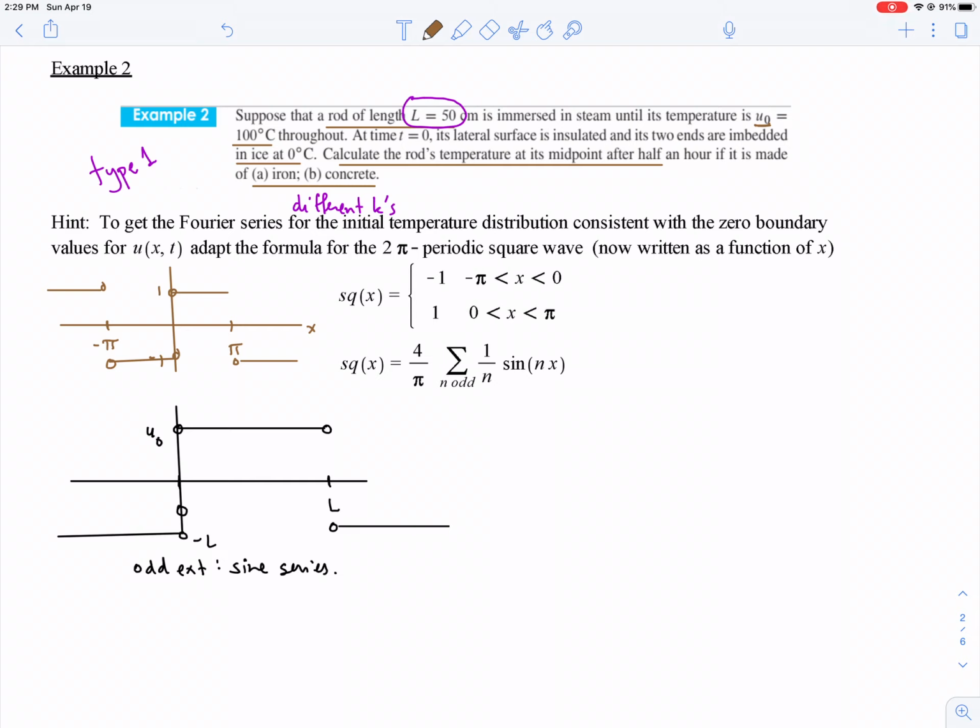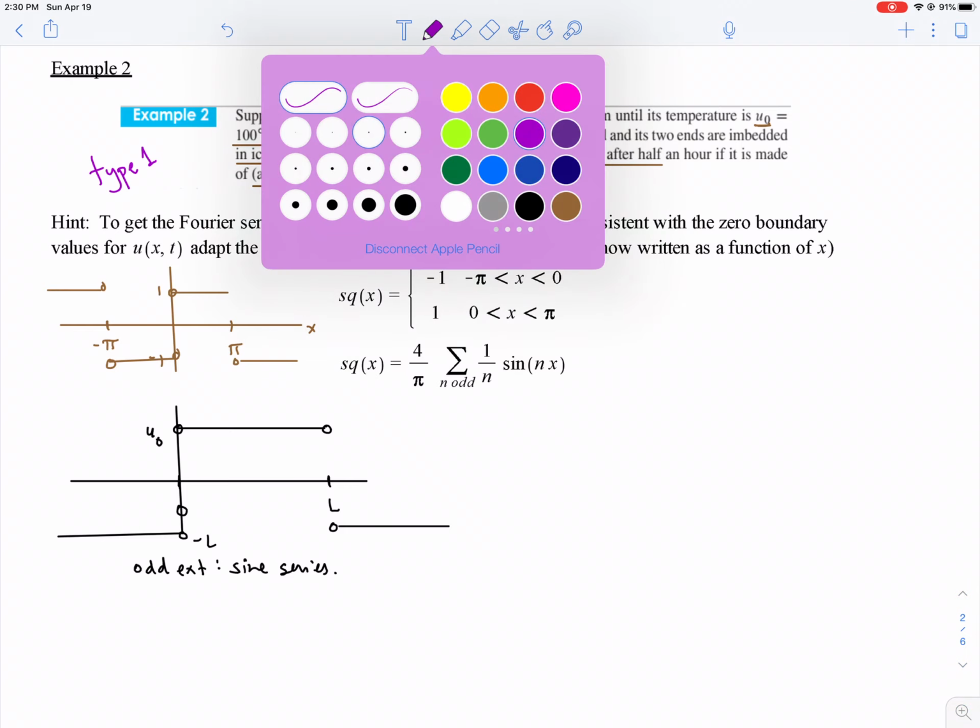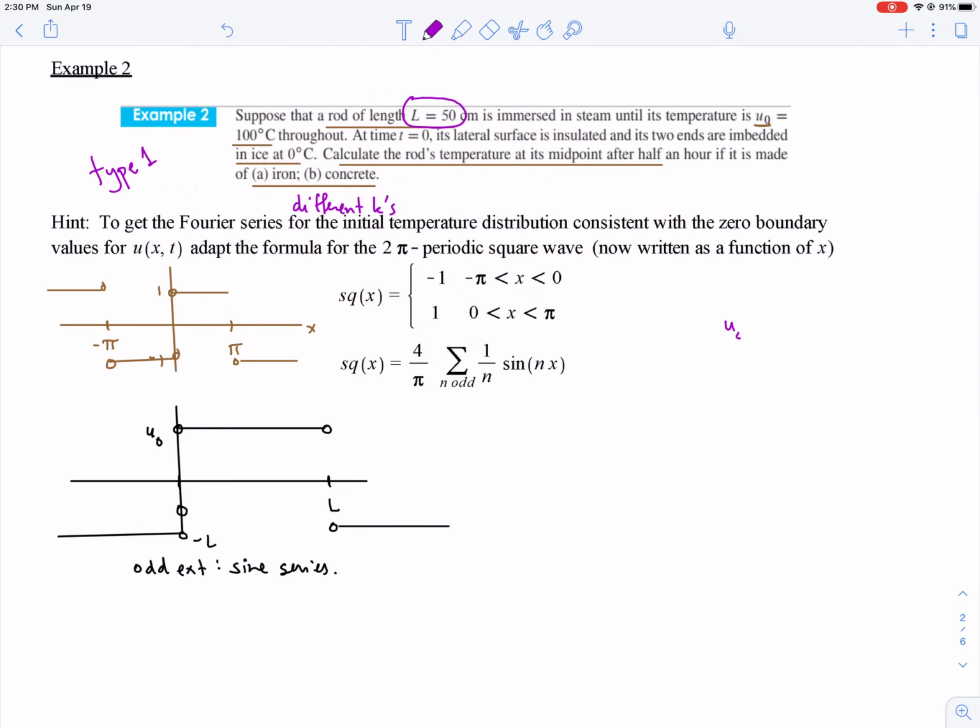Okay. Right, so let's just record some information here. Eventually, we're going to plug in numbers, and our U0 is going to be 100. Our L is going to be 50.